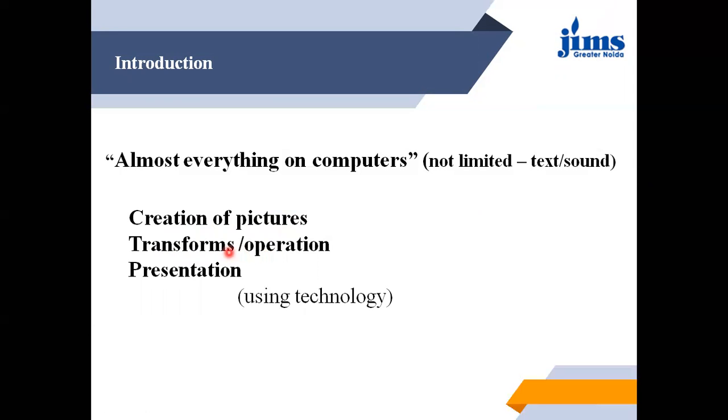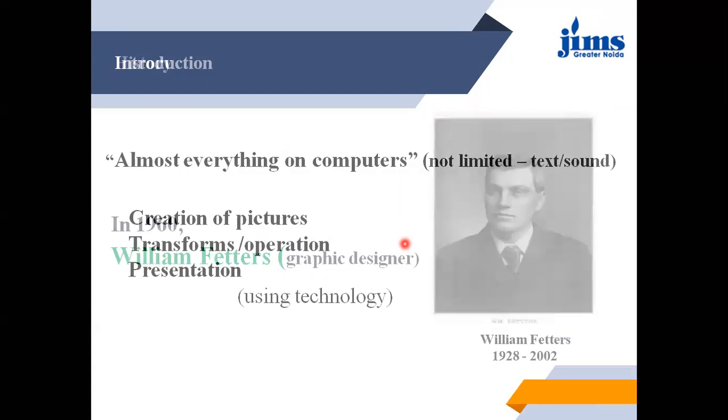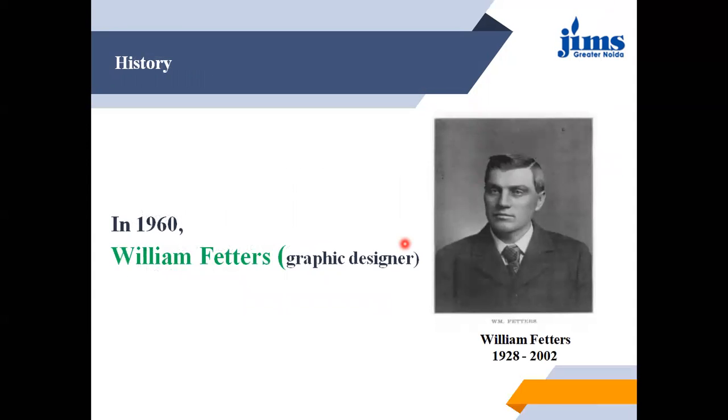So to perform any operation and present them on any display device. So computer graphics is the creation of pictures to perform some operations and present them using computers or any technology.